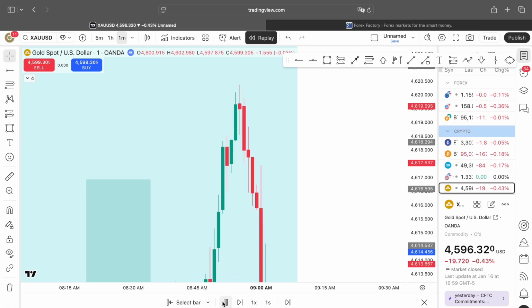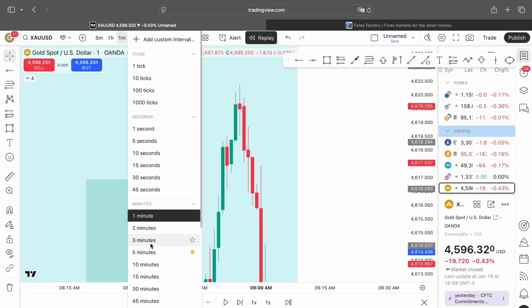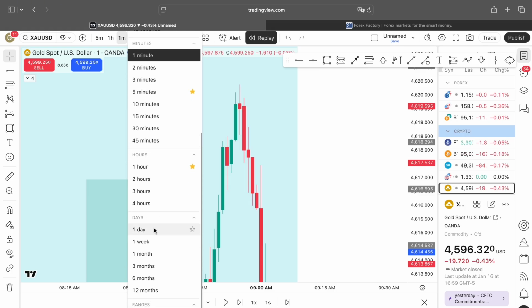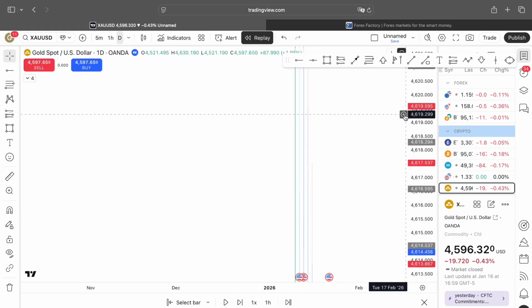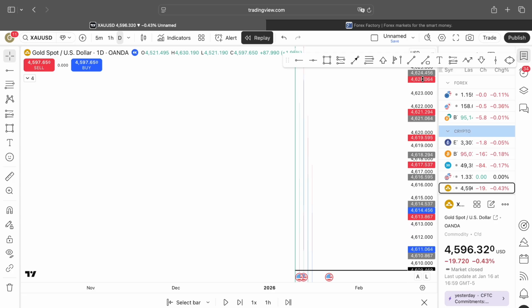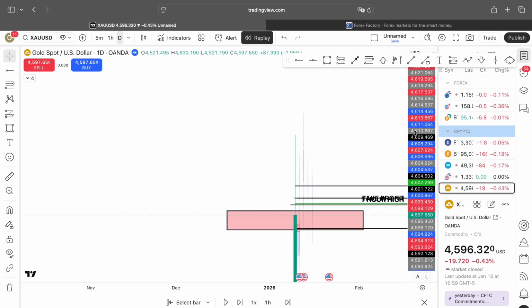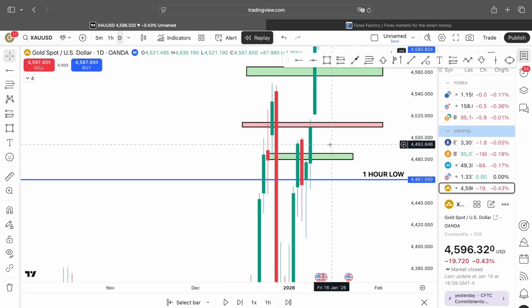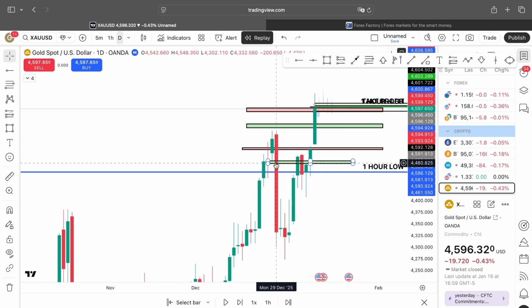So let me just pause this really quick. I'm telling you guys, that formation is super strong when it comes to sells. Like, look at this. It even happened right here. So we got a bullish engulfing candle. Then we got this big ass bearish engulfing candle followed after it.